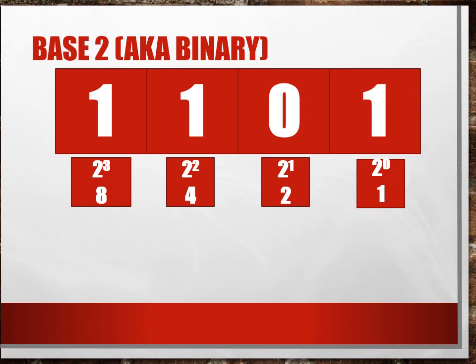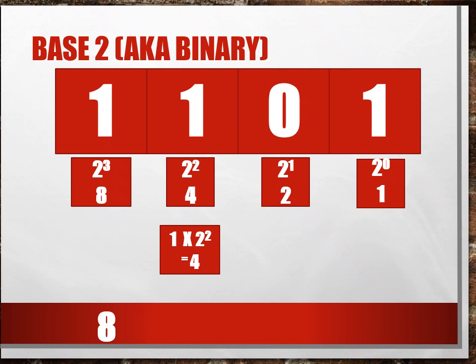So what is the number 1101 when stored in binary? Well, we can use the same mathematical principles that we used for base 10 to find that value. We're going to take this number here, the 0 or the 1, times the value that we can store in that position. So this would be a 1 times 2 to the third, which is 8, which means we are going to have 8 in our final value.